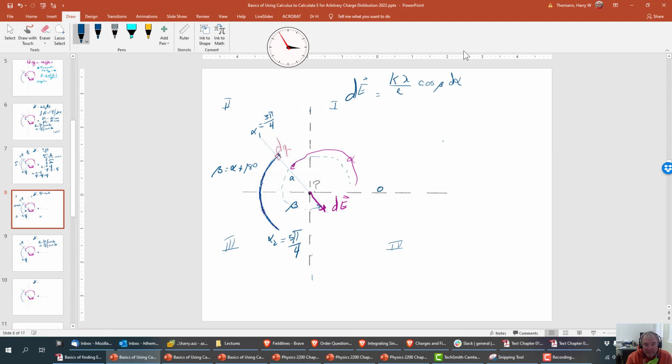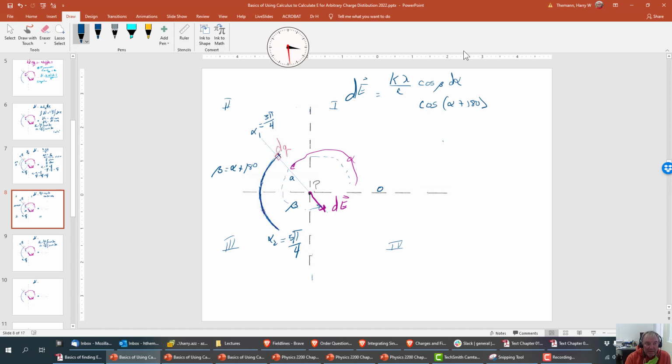So that becomes cosine of alpha plus 180, and basically is saying negative cosine, because if I add 180 to anything, that's going to get me the negative value. Okay.